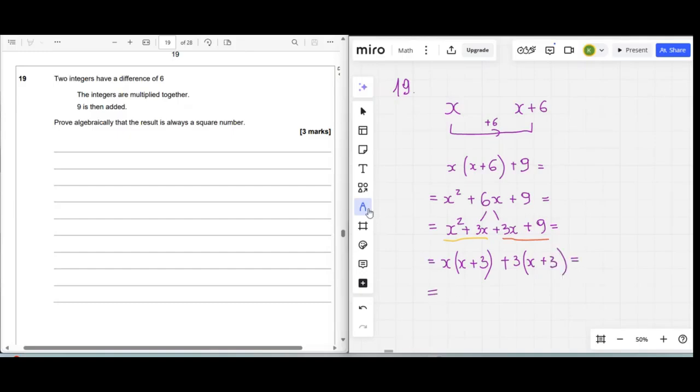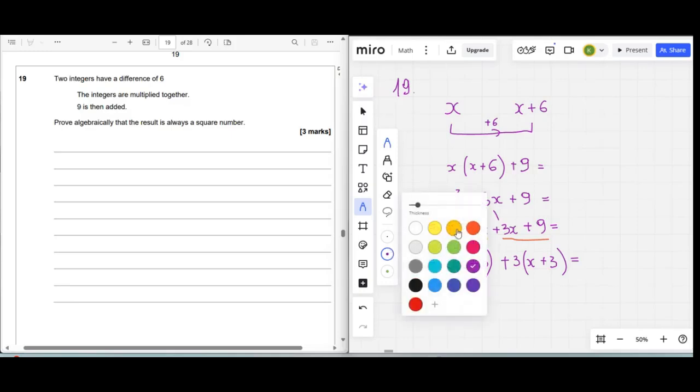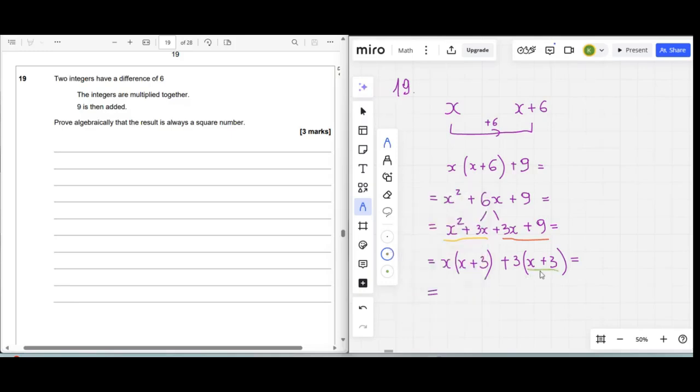And thanks to that, we have two common things now, that bracket with x plus 3 here and there. So we can factorize this further, putting that x plus 3 at the beginning, and in another bracket there will be the remaining parts from both of them: from the first part an x, and from the second part plus 3.